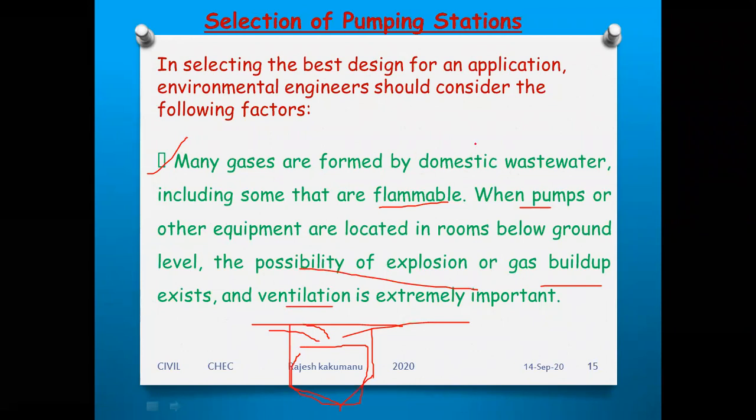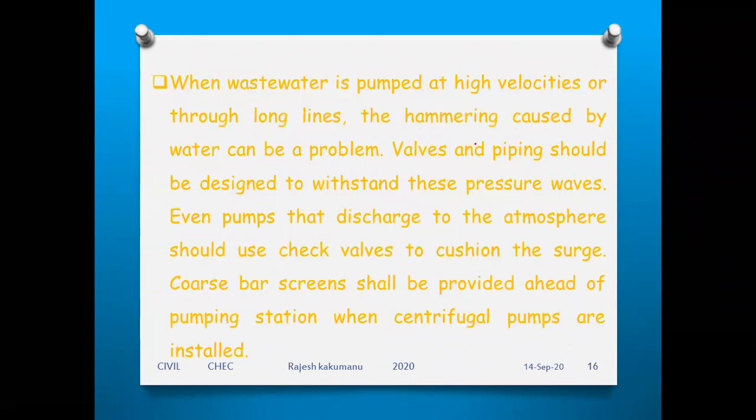Next, when wastewater is pumped at high velocities or through long lines, the hammering caused by the water can be a problem, along with vibration.